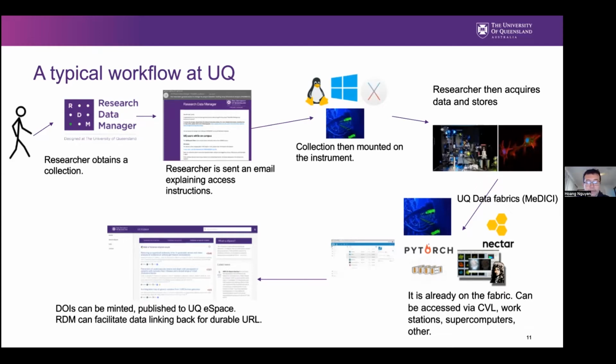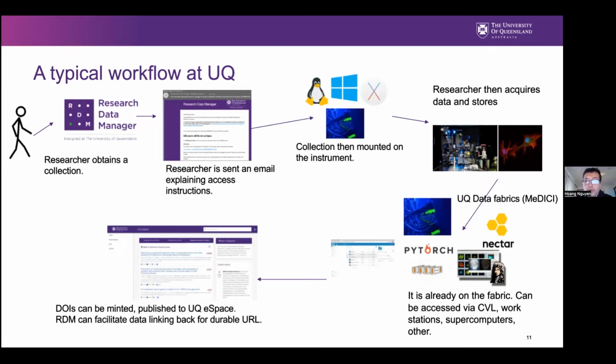So basically, the users go to the RDM website and request for their research storage collection to be created, with the details of the project, the collaborators, and other metadata such as the grant, ethics, and how much storage they need for a certain period of time.